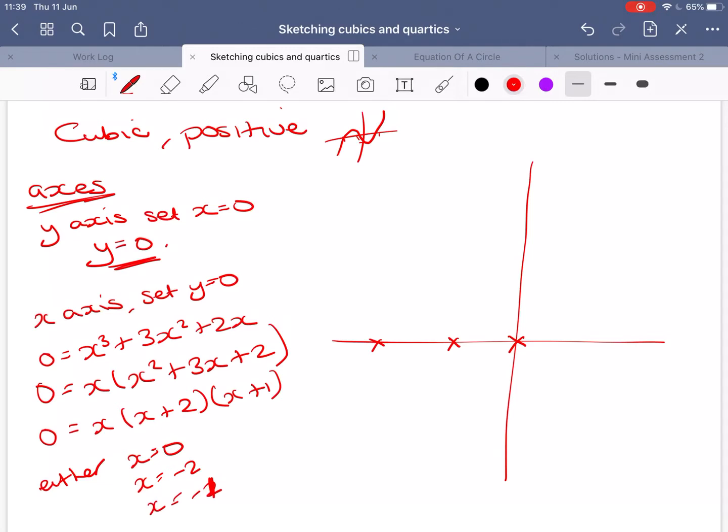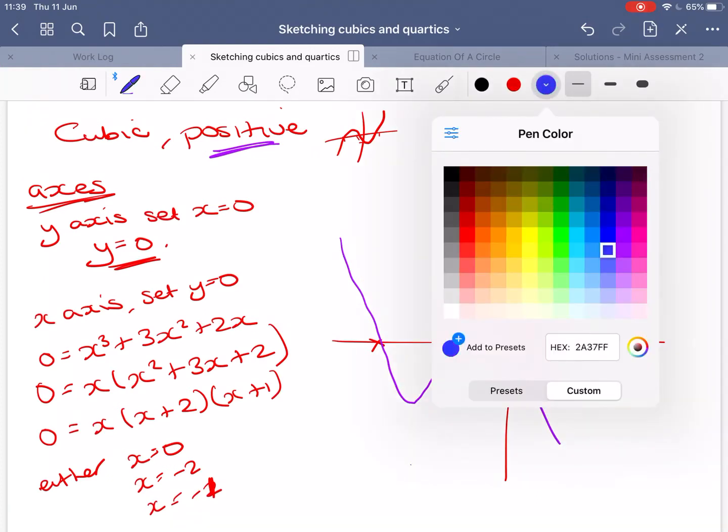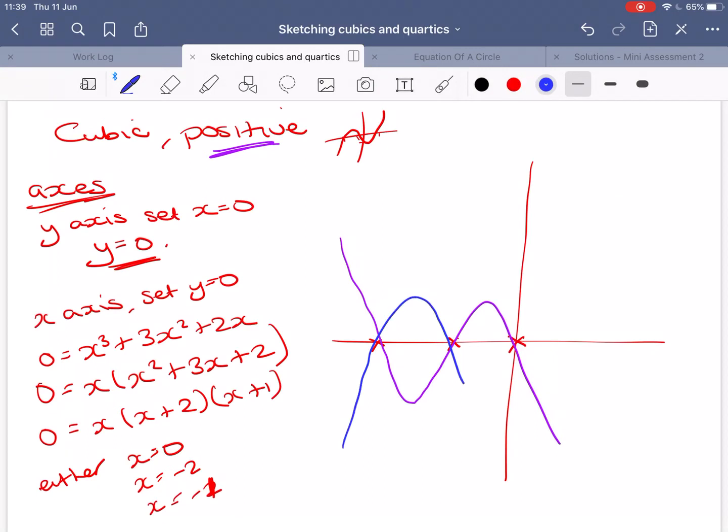And this is where I had to make that decision as to whether it was positive or negative, because on a graph like this, I've got 2 choices. I could draw it like this, or I could draw it like that. And I've got to decide which is the right one. Well, I know it was a positive cubic.